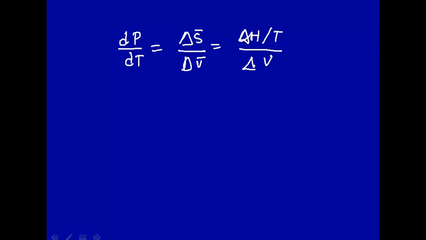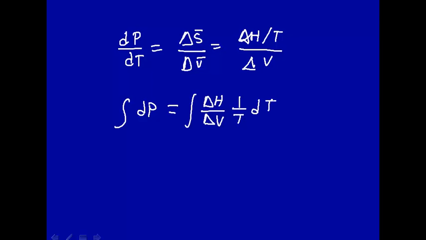So let's just integrate both of these. The integral of dP, we'll put the dT over there, is equal to the integral of delta H over delta V, 1 over T dT. We're going to integrate this from phase 1 to phase 2, let's go temperature 1 to temperature 2.